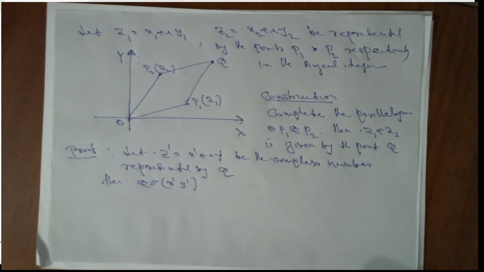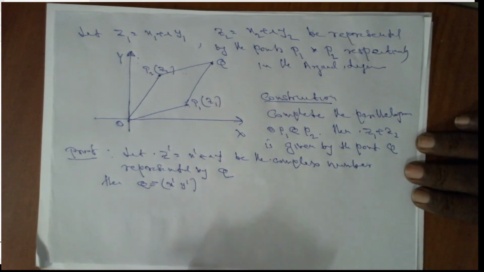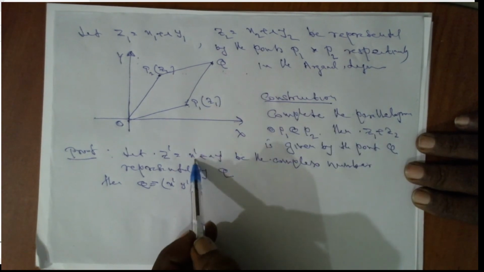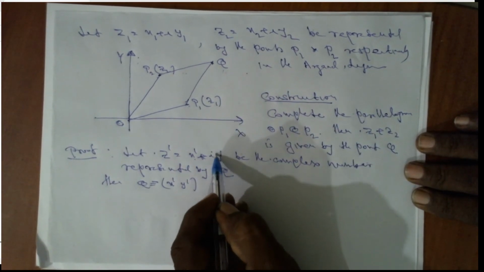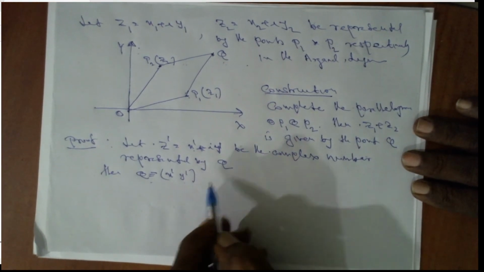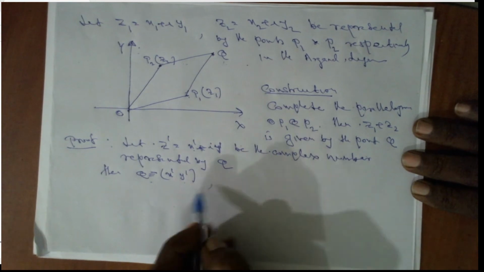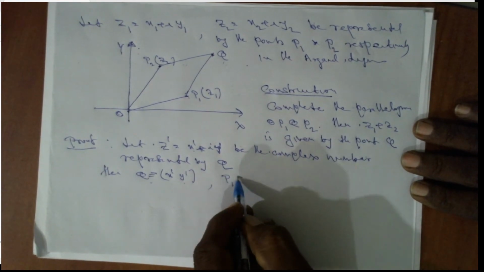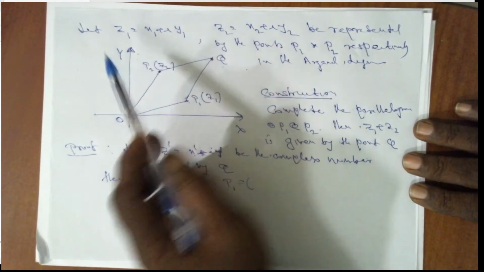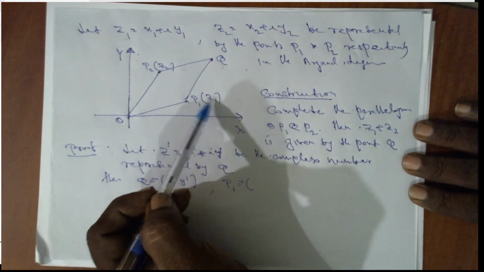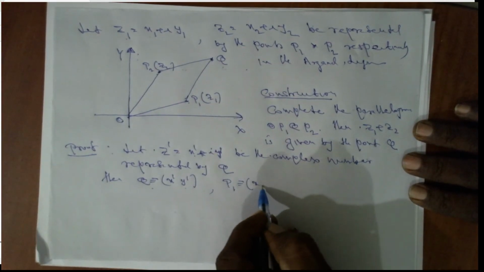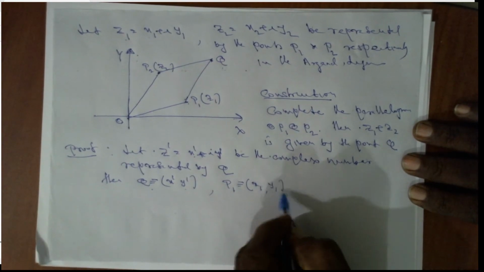The coordinates of the point Q are (x', y'). If the complex number represented by the point Q is x' plus iy', then the coordinates of the point Q are (x', y'). And what are the coordinates of P1? Because the complex number represented by P1 is C1, that is x1 plus iy1, therefore the coordinates of P1 are (x1, y1).